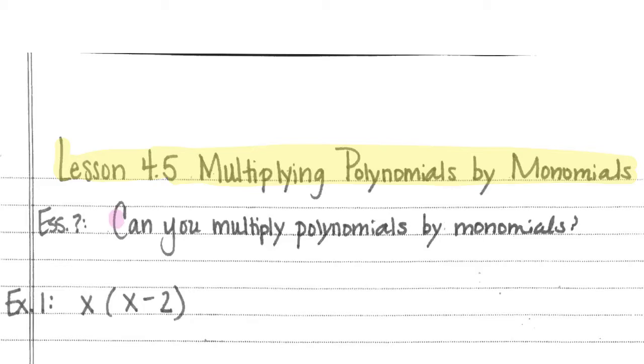Our essential question is, can you multiply polynomials by monomials? We can. So let's look at what we're going to do here. Example 1, I have a monomial times a binomial, and I'm just going to distribute. Remember, when I multiply, I add the exponents, and x times negative 2 is just negative 2x.